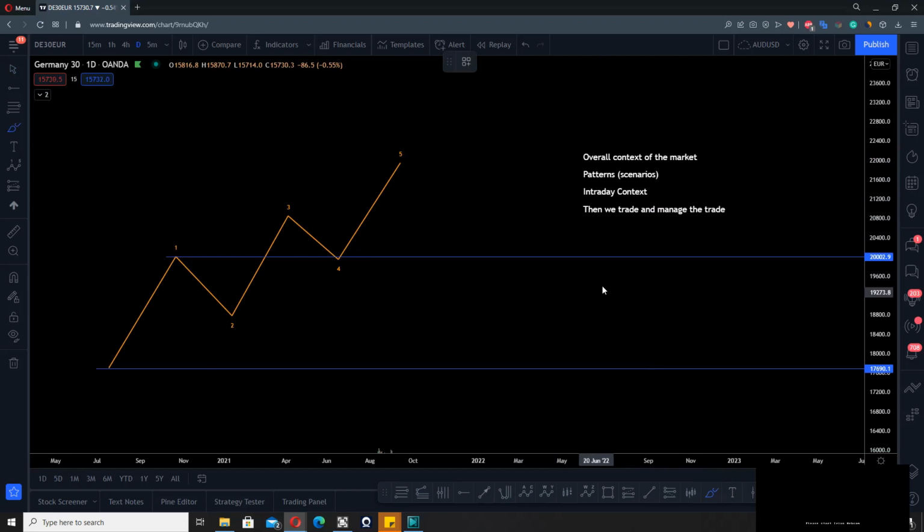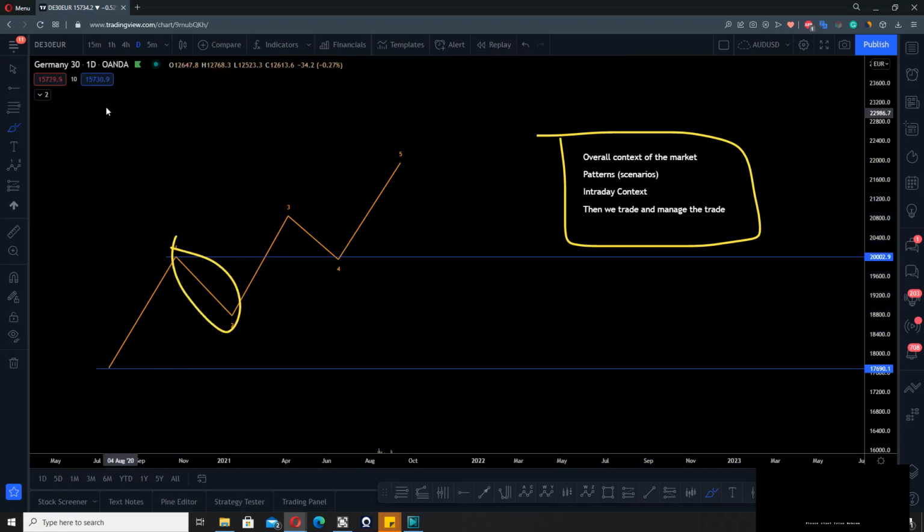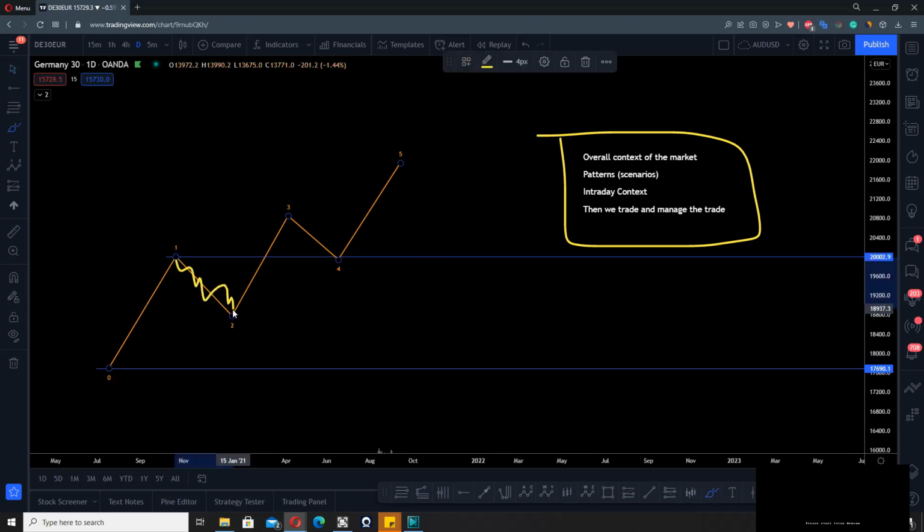Okay everyone, let me explain why this process is important to understanding validation and invalidation. You want to learn to identify these patterns, or these corrections here, and by doing so you want to catch the next impulse, because if you learn how to identify when this pattern ends, then you can catch the next impulse.